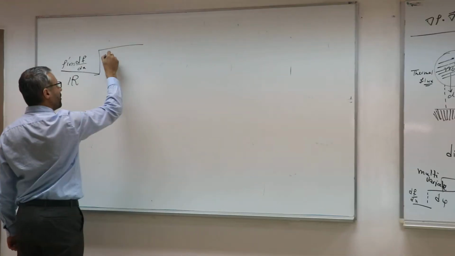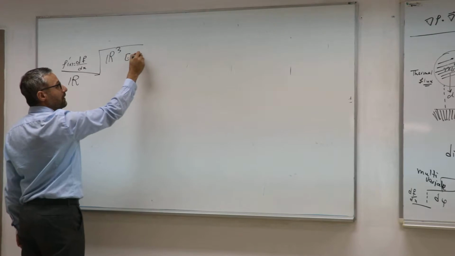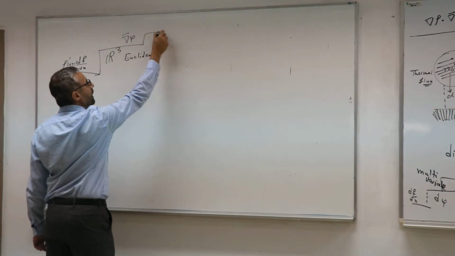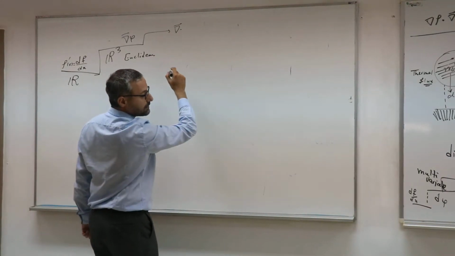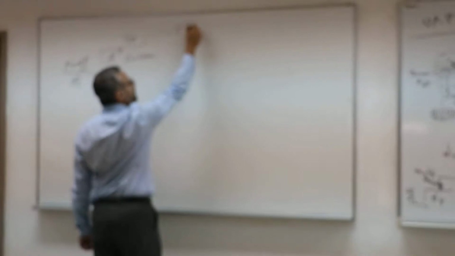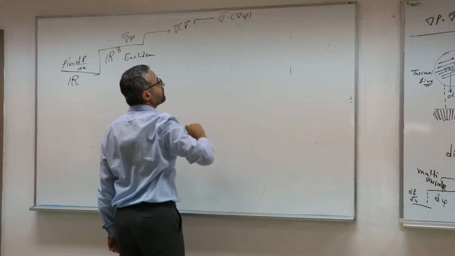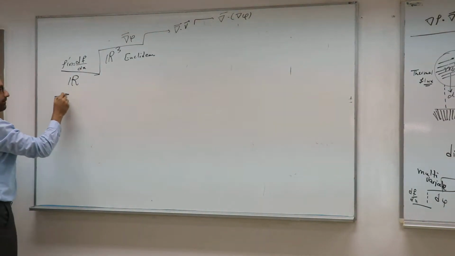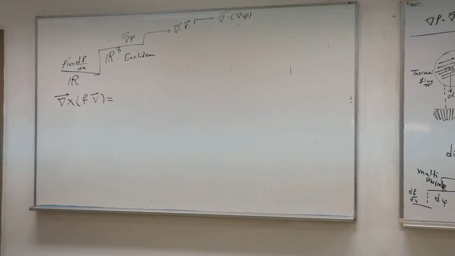After that I passed to R cubed, Euclidean space, and I got the gradient. Then I found that there should be something like the divergence of a vector. After that I passed to the divergence of the gradient of something. But in the other direction, I told you there is another possibility to have this expression also.